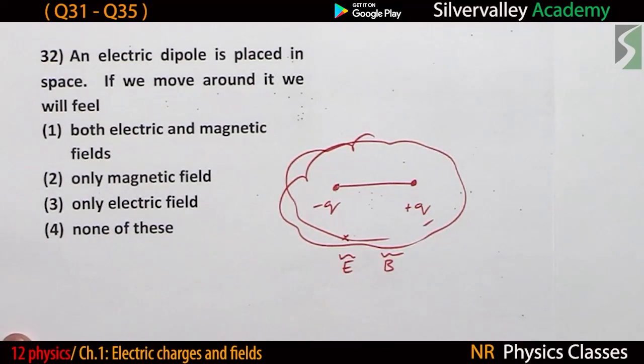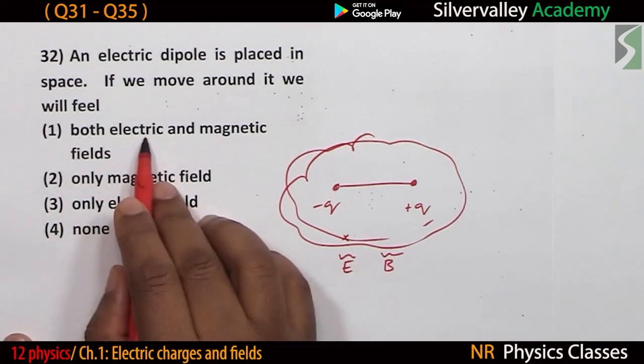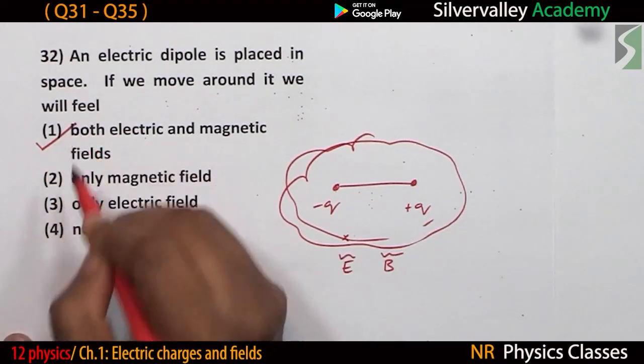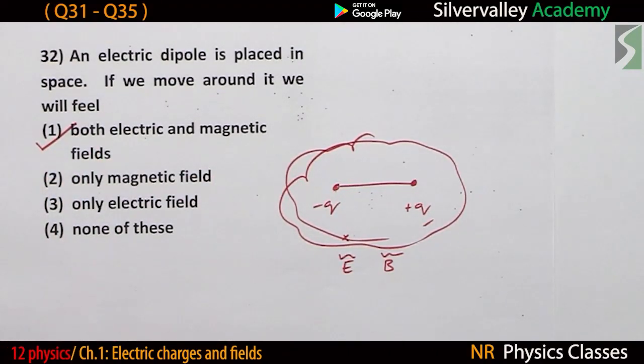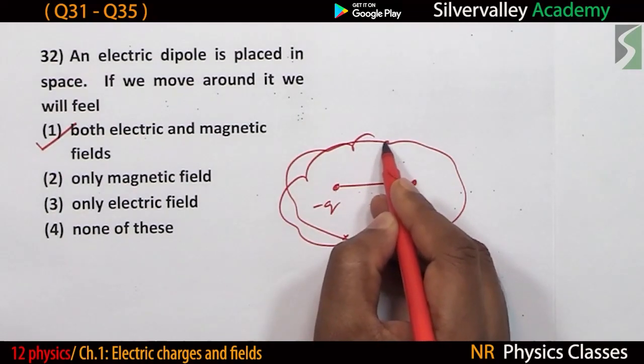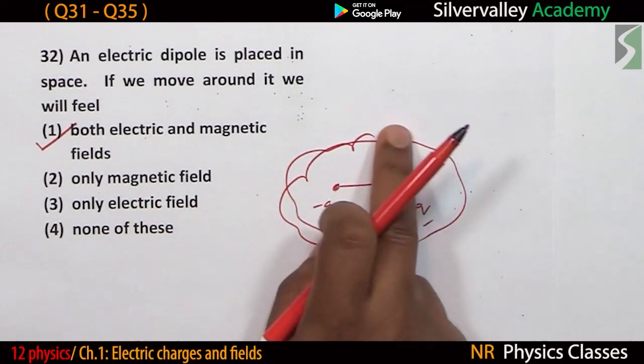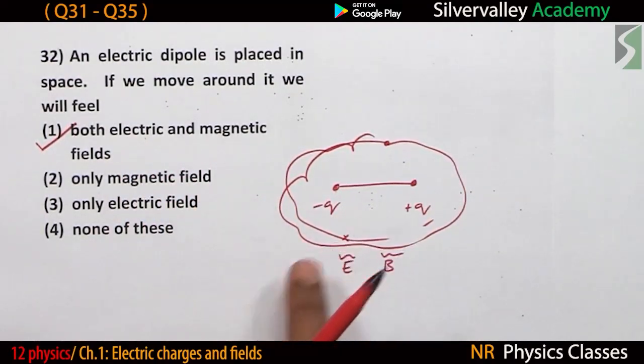This is from Faraday's law, isn't it? Faraday's law as well as the magnetic effect of electric current. Therefore, both electric and magnetic fields. If the point of observation is stationary, then it experiences only an electric field. Because of motion, both electric and magnetic fields.